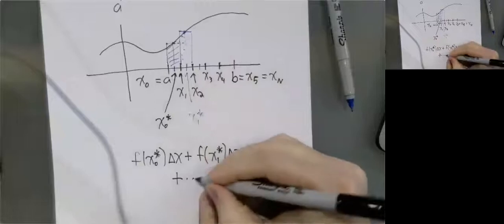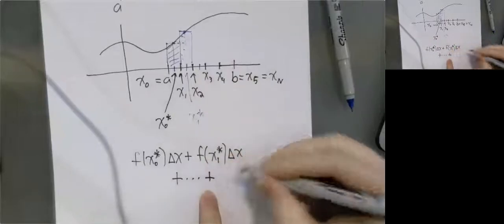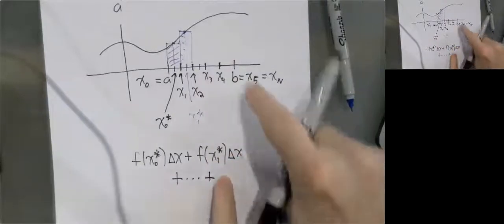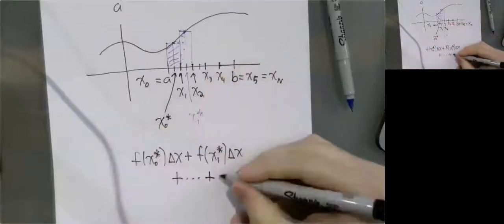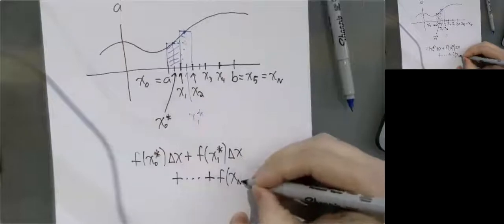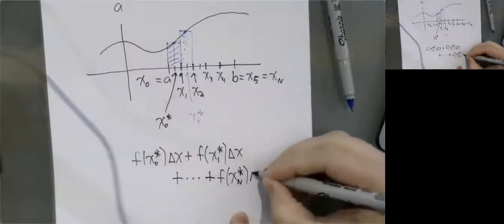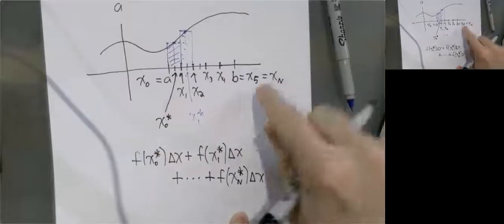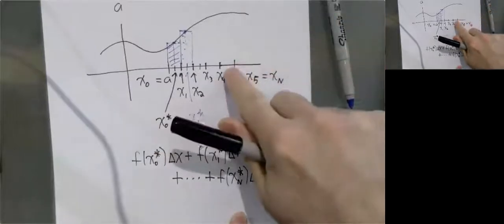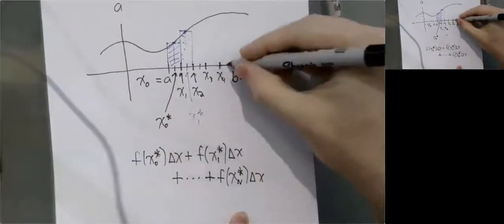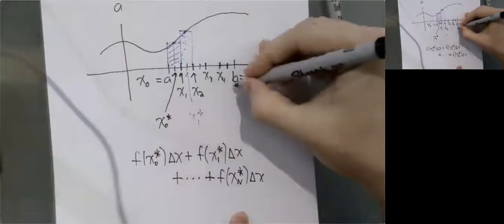So I'll put dot, dot, dot, and then the contribution of the final subinterval is going to be f of x n star times delta x. Here, remember, here's our final subinterval. So we are selecting a point arbitrarily in this final subinterval.